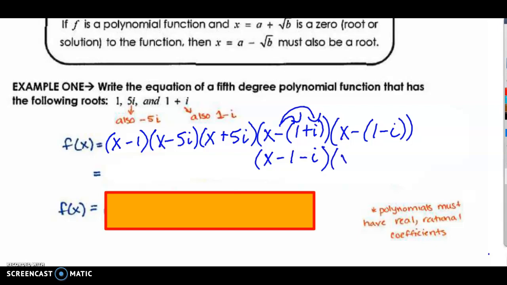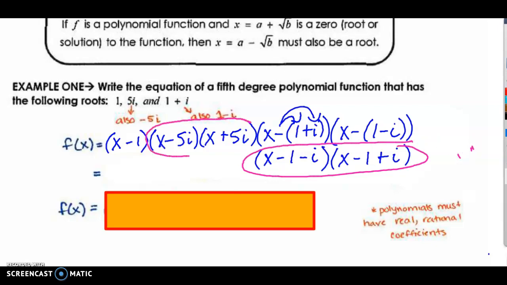And here, same thing, x minus 1 plus i. Now we have to go ahead and multiply these out. So we're going to multiply these two roots, and then we're going to multiply these two factors together because they're conjugates.